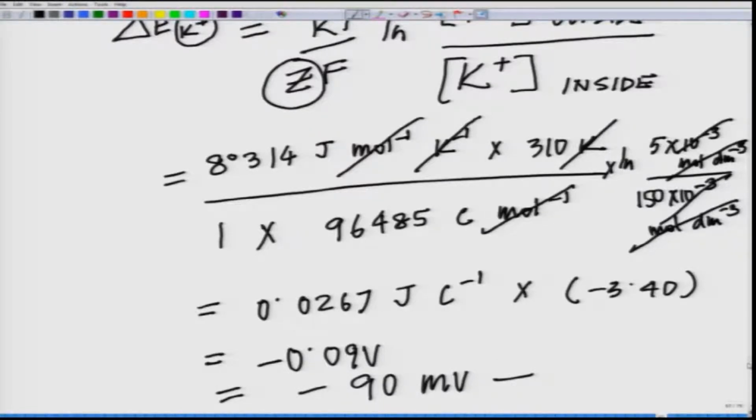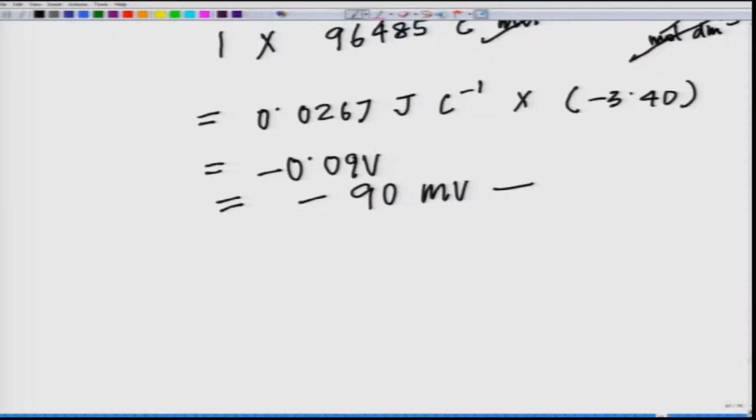This is the reason: the concentration of potassium ion dictates the membrane potential, and this is the fundamental reason why a cell sits at minus 90 millivolt.